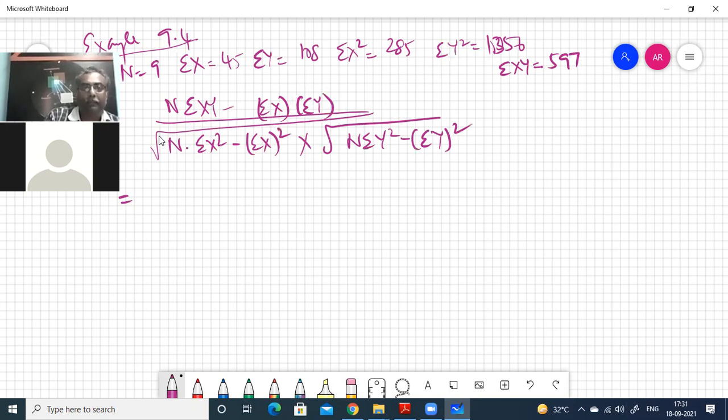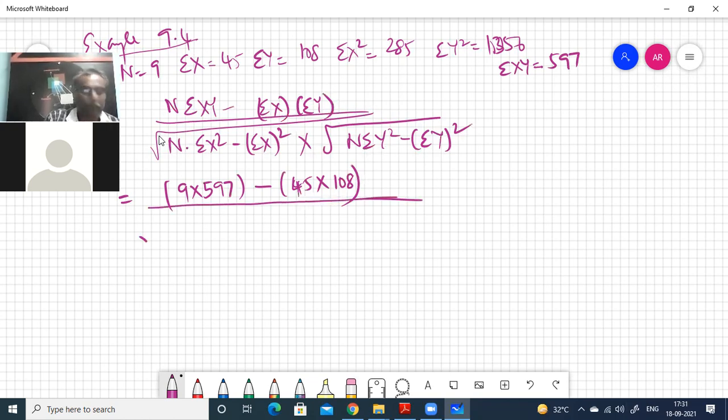What is sigma xy? Just see the board and tell. 597. N is 9. Sigma x is 45. Sigma y is 108. That's all. Numerator you got.